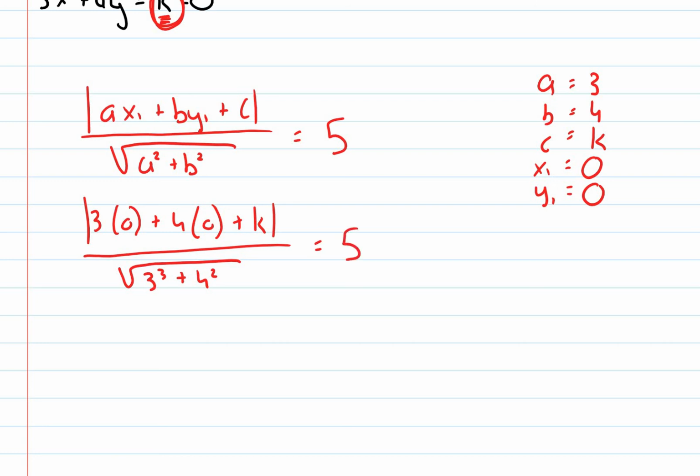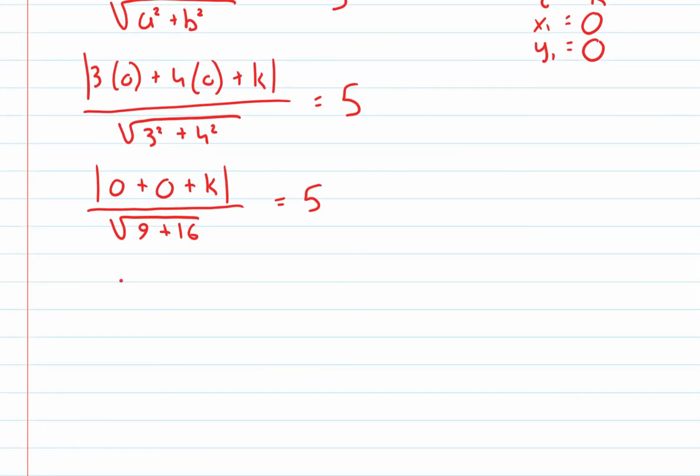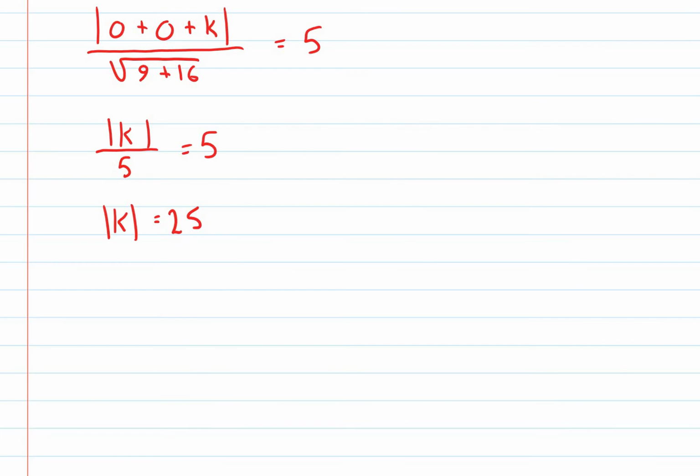So working that out, we have 3 zeros are 0, plus 4 zeros are 0, plus k, all over root 3 squared is 9, plus 4 squared is 16, and that all equals 5. We then have k over, 9 plus 16 is 25, and the square root of that is 5, equals 5. And we'll be left with the modulus of k equals, dividing by 5 on both sides, 25. So the modulus of k is 25.